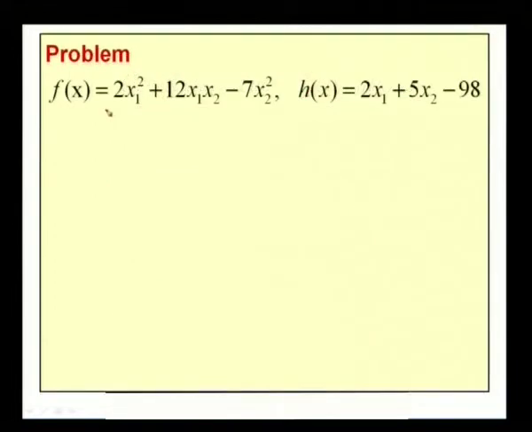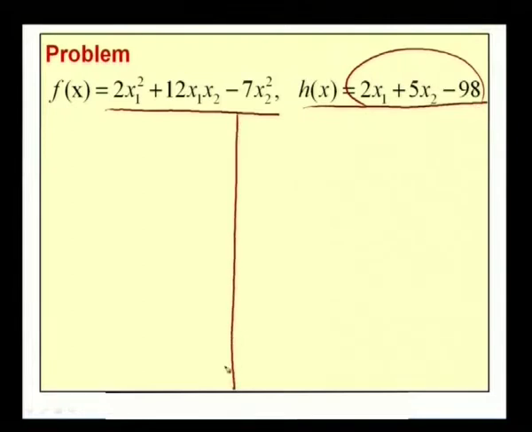So, for the given problem, f of x is 2x1 squared plus 12x1x2 minus 7x2 squared, and h of x is g of x1, x2 minus c, which is nothing but 2x1 plus 5x2 minus 98. Now, for this problem, the first Kuhn-Tucker condition is dou f by dou x1 minus lambda into dou h by dou x1 equal to 0.